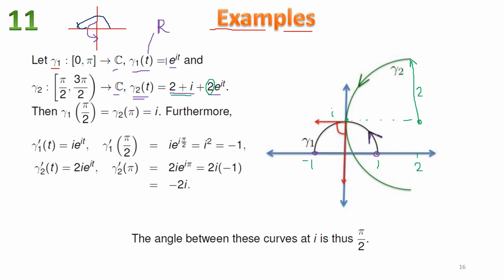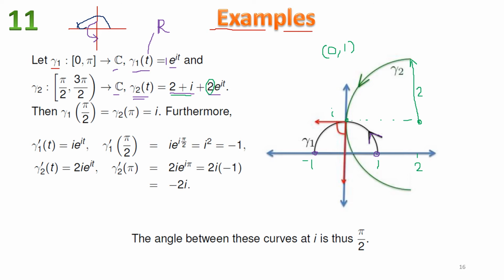The point of intersection is real coordinate 0 and imaginary coordinate 1. So the point of intersection here, you can identify the real coordinate is 0 and the imaginary coordinate is unity. So the ordered pair I can write 0 i, or you can write 0 plus i. It's one and the same thing.